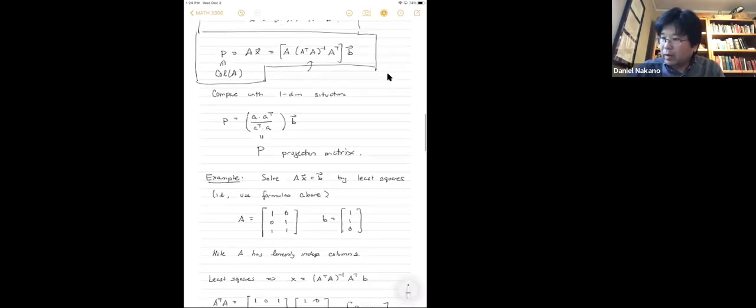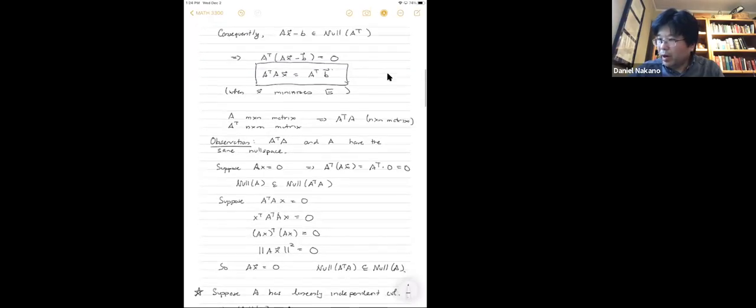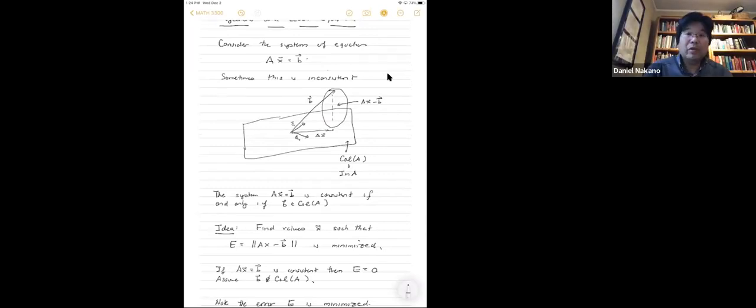The point of least squares is just to find a solution that exists in the column space, or the closest thing to B that exists in the column space, right? That's right. Let me go back to the picture. Your system could be inconsistent, but maybe there's a best solution possible. The best solution possible is the one which minimizes the distance from the vector B to the column space.